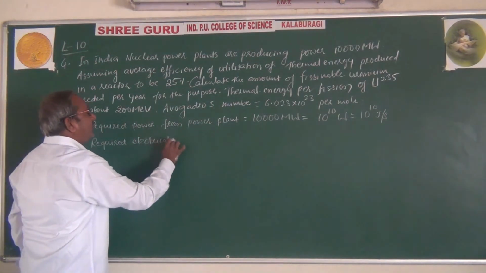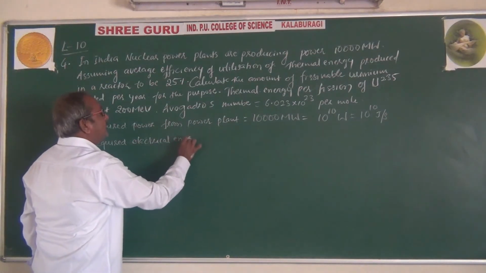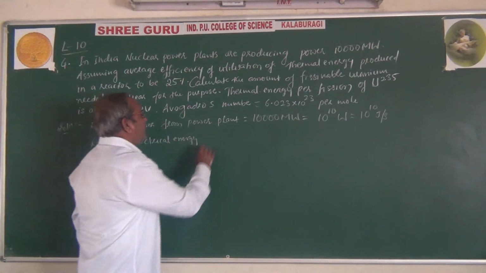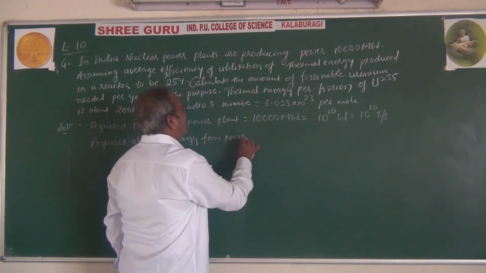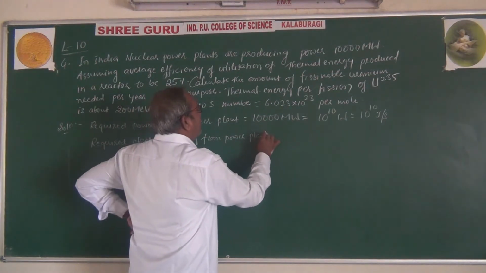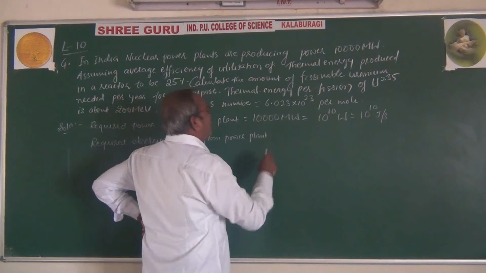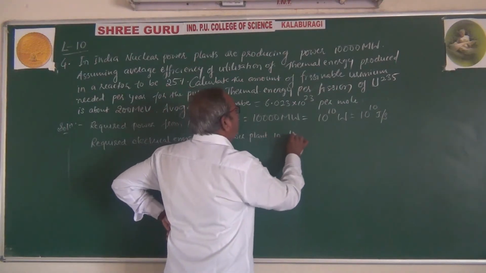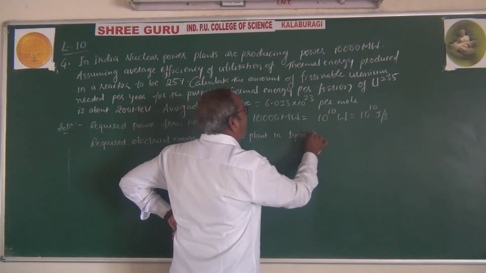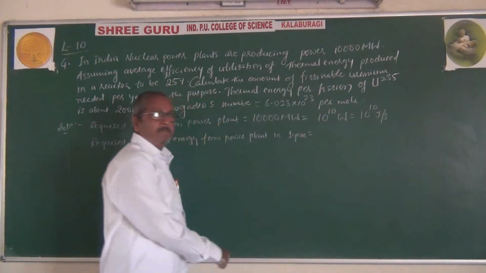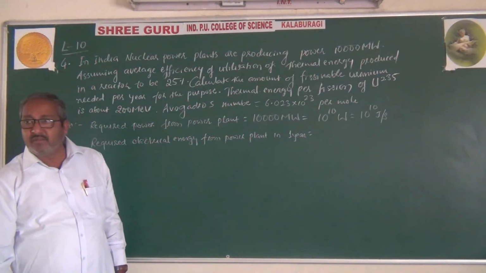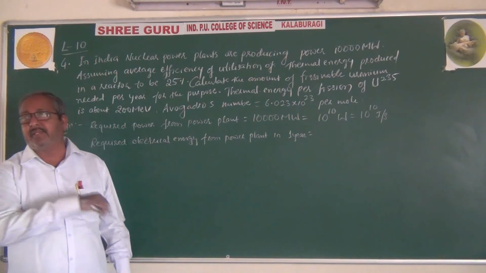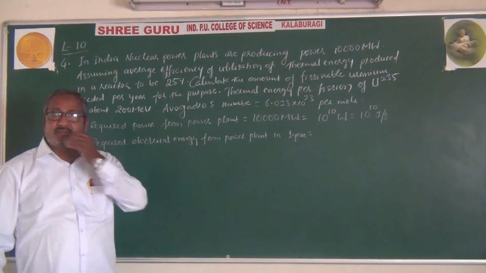Electrical energy from the power plant. And this is 10 raised to 10 watt, or 10 raised to 10 joules per second. In 1 second this is the energy.